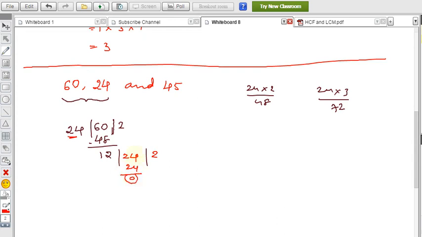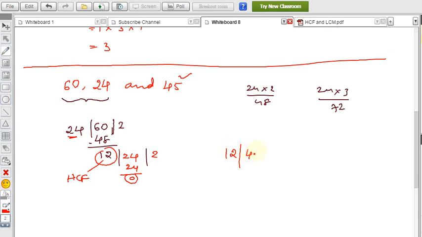Once you get remainder 0, the divisor of that particular division is the HCF. Now 12 is the answer for the first two. With this 12 you should do 45 again.